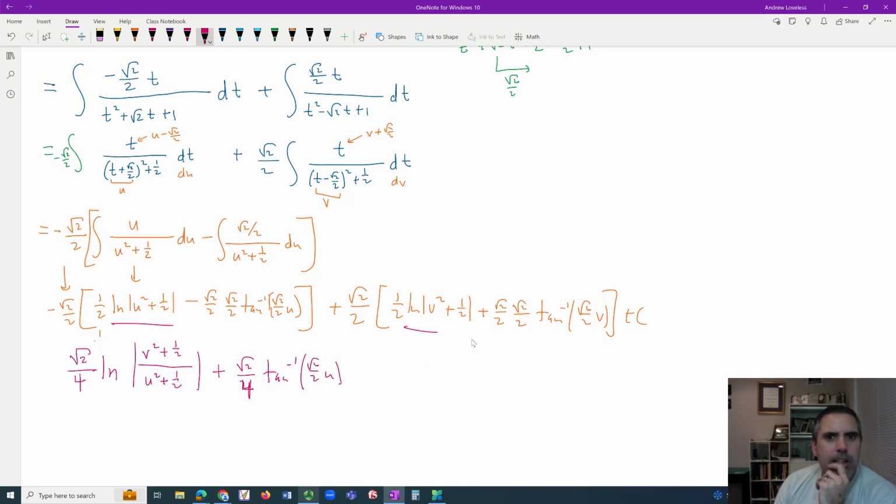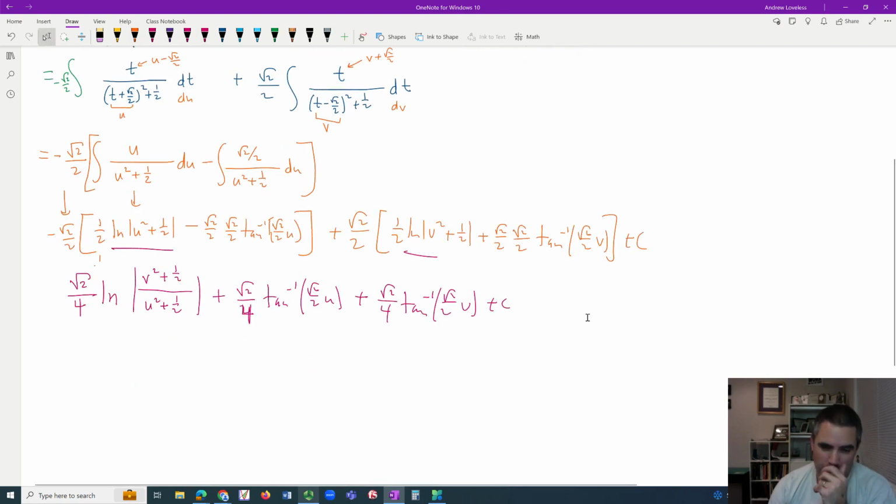And then I would have a plus square root of 2 over 4, arctangent, square root of 2 over 2v. And very likely I made a mistake there somewhere. I know that's the form. I just am wondering if I have my numbers right. So I seem to be getting square root of 2 over 4, and then all this stuff.